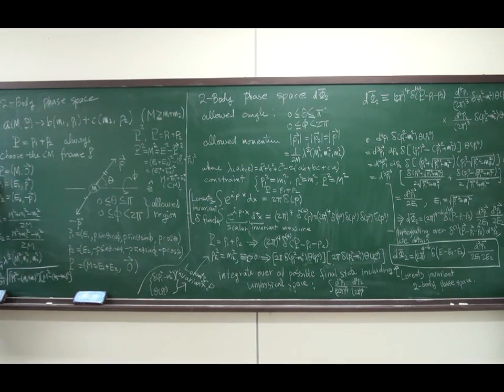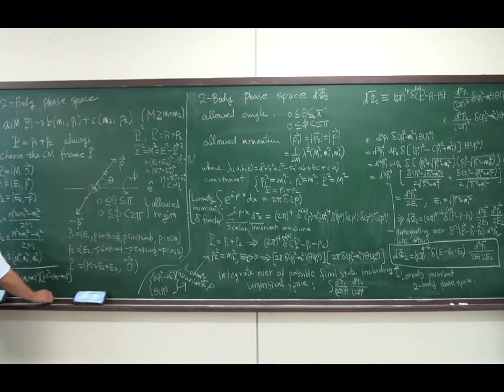In the center of momentum frame, capital P, the total momentum, or the mother particle's momentum, is capital M, the rest mass of the particle, and 0. The two momenta for particles 1 and 2 are opposite and equal, P and minus P. And they have energies E1 and E2.